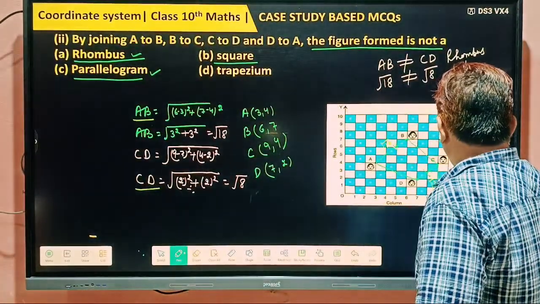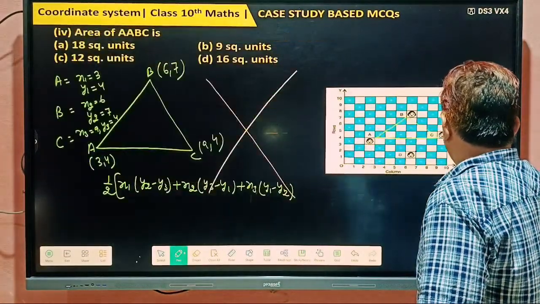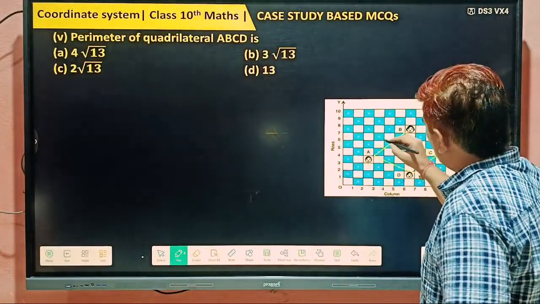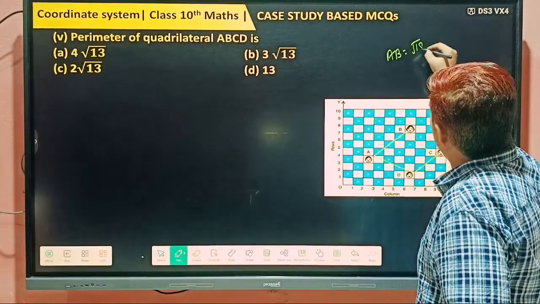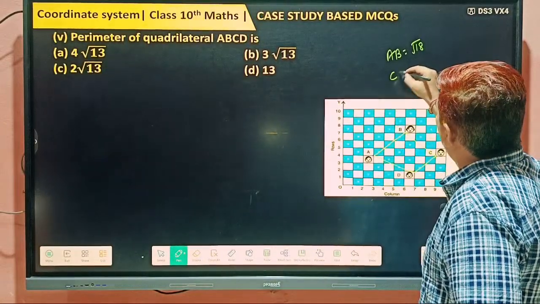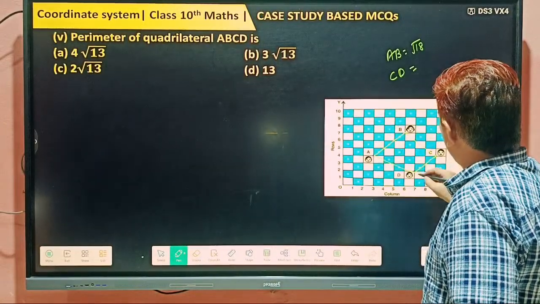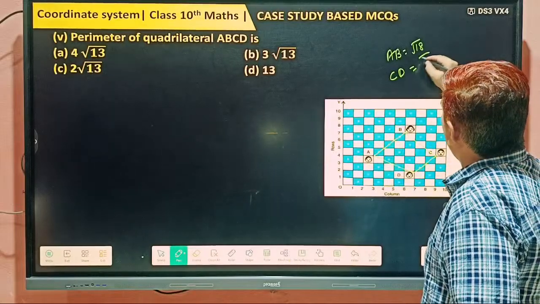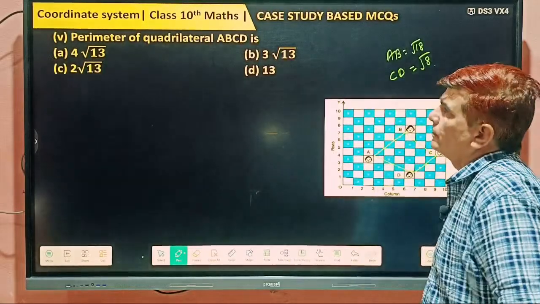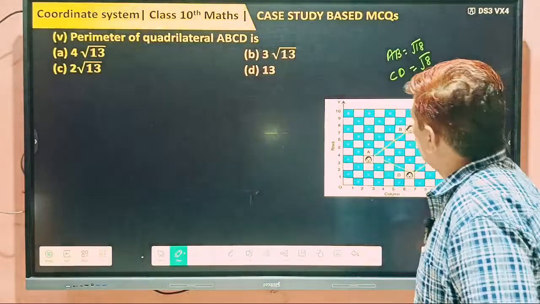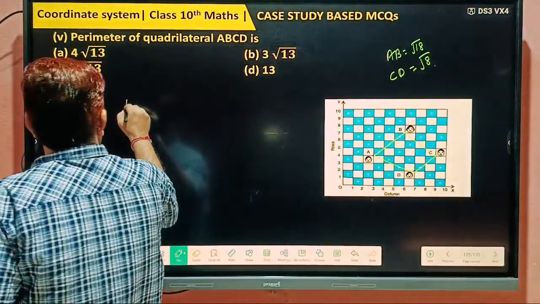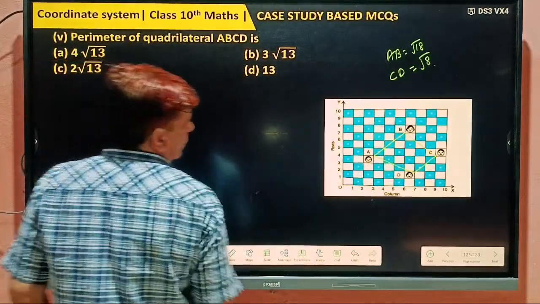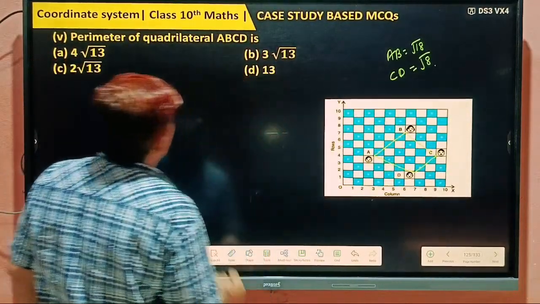So I can write this. AB is equal to under root 18. CD is this, under root 8. So what I will do, I will find out AD, and I will find out BC.